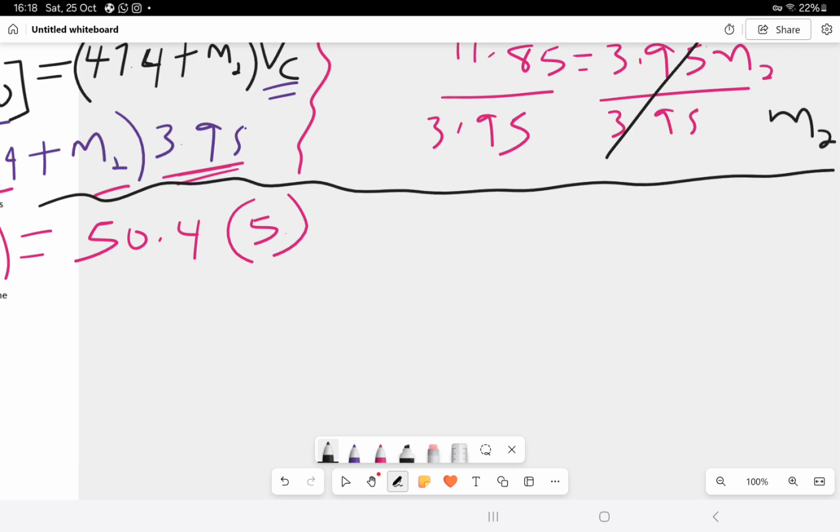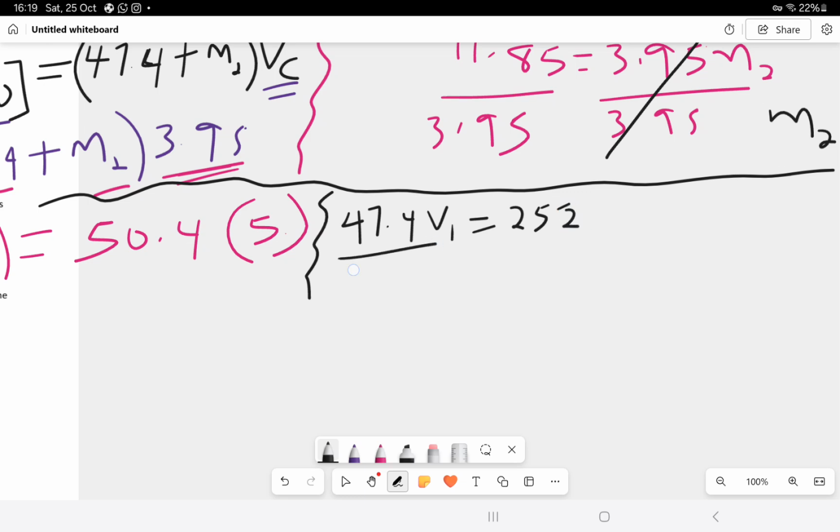In this case, I'll have 47.4 V1 is equal to 50.4 times 5, and you get 252.